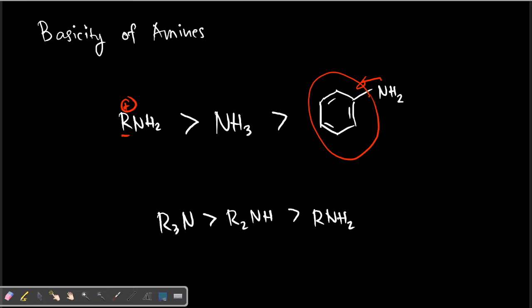Therefore, mas nagiging basic yung ating R3 or tertiary amines kaysa sa ating secondary amines at primary amines natin. May ganong effect din na nangyayari dun sa ating mga aromatic groups. So, anong sinasabi kong effect na yon?